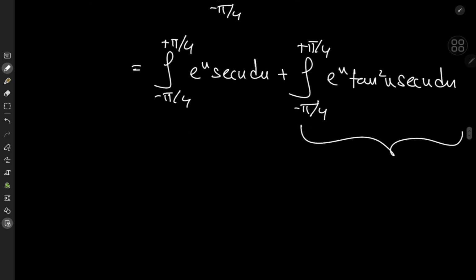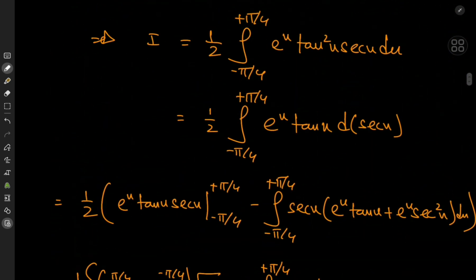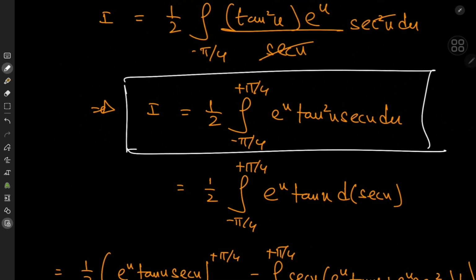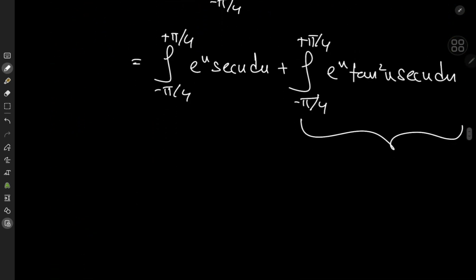And this thing here is very closely related to the integral we're targeting. Let me show you what I'm talking about. Here we go. The target integral I is exactly 1/2 that integral. So that means we have 2 times I here.